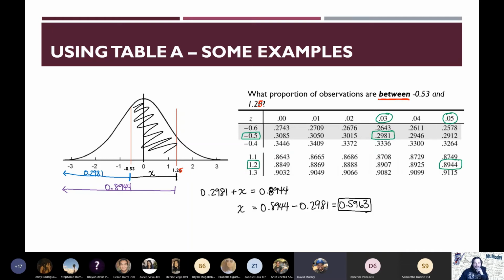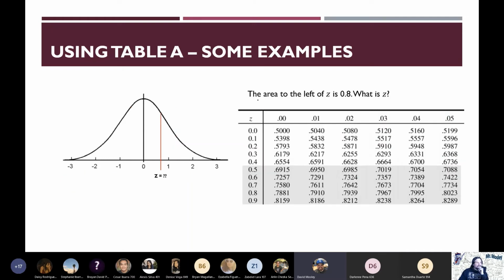Got one more example. In this example, I want to know what is the value of z right here. It's this red line on my distribution. The area to the left of z is 0.8. So 80% of my observations are to the left of this point z, right?